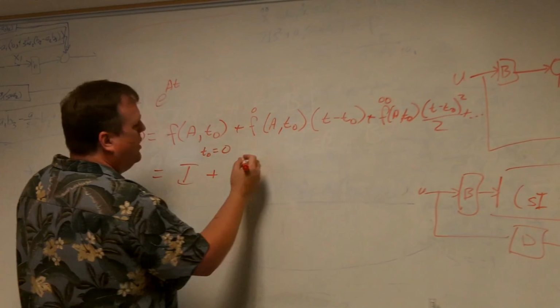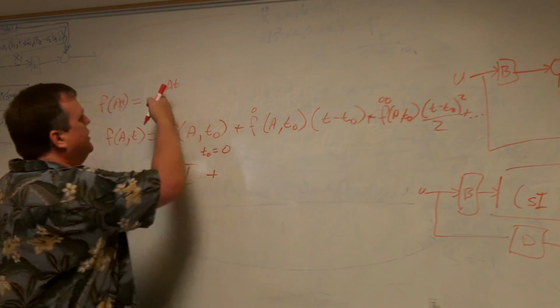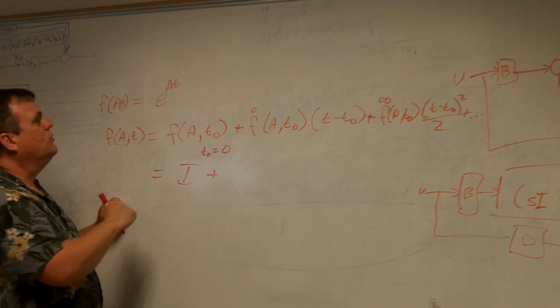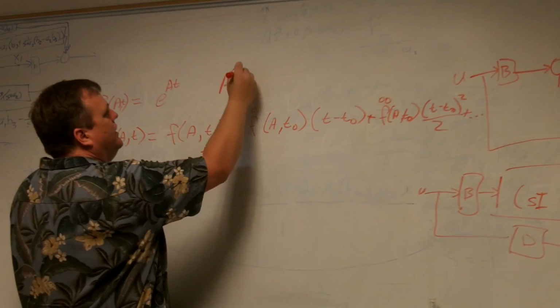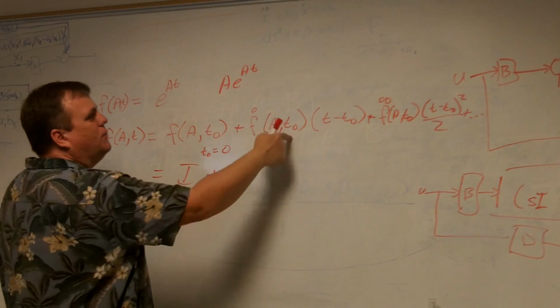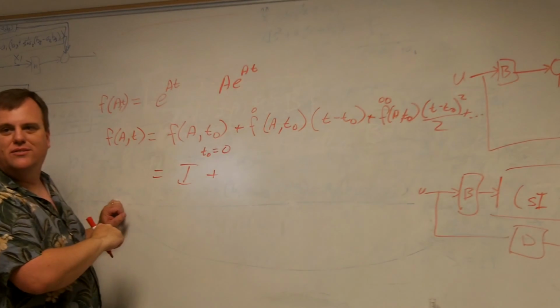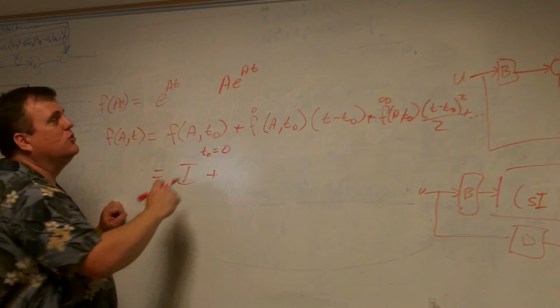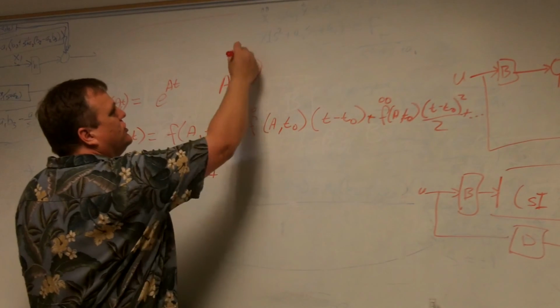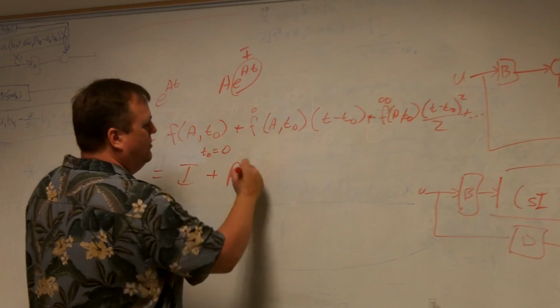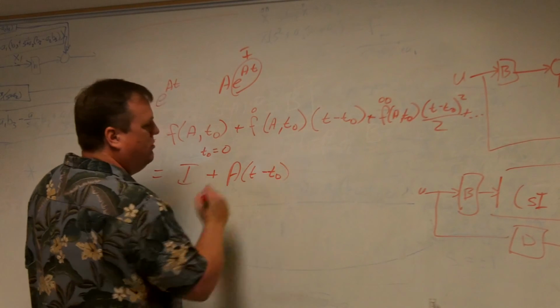Now, plus I've got this f dot, so I need the derivative of this. The derivative of this is A e to the At, and I'm going to evaluate at t equals 0. That gives A, so that's A times t minus t0.